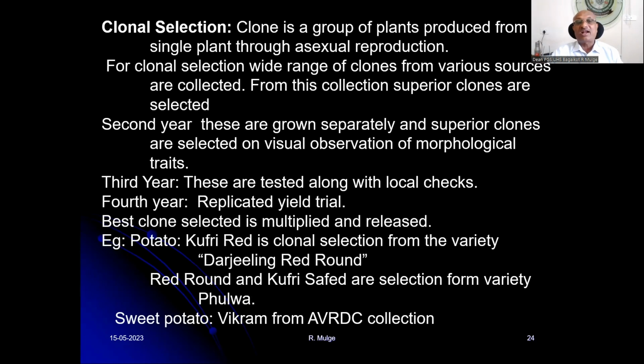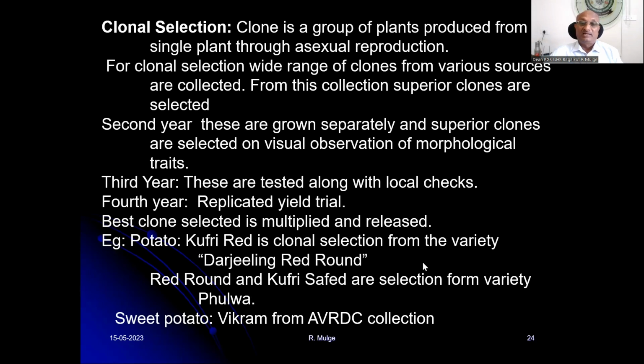Example, potato: Kufri Red is a clonal selection from the variety Darjeeling Red Round. Why one variety? How do you get the variability? Darjeeling Red Round has been there for several decades. During the passage of time, so many decades or even a century, you can get some variability and your selection is effective.